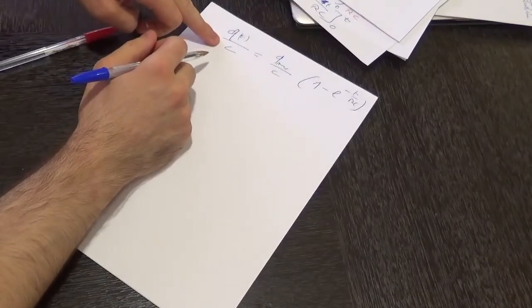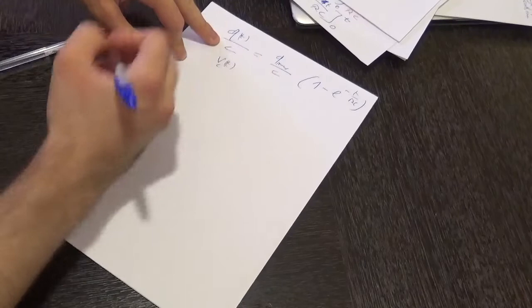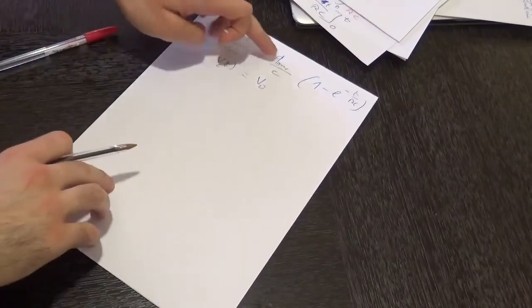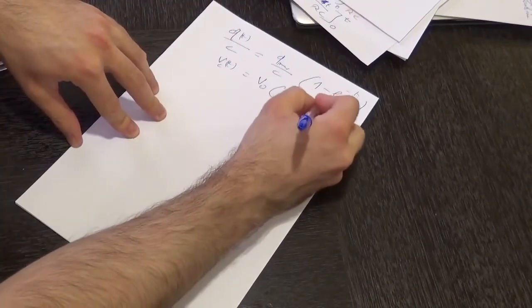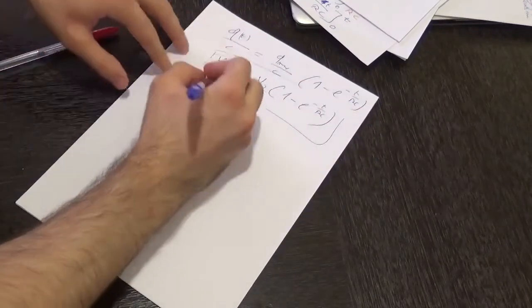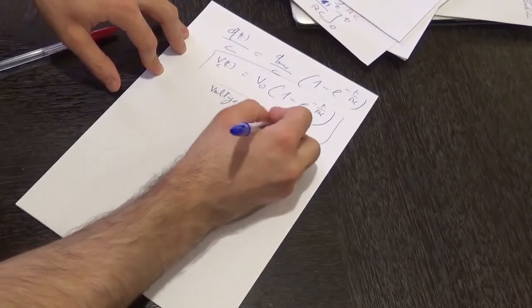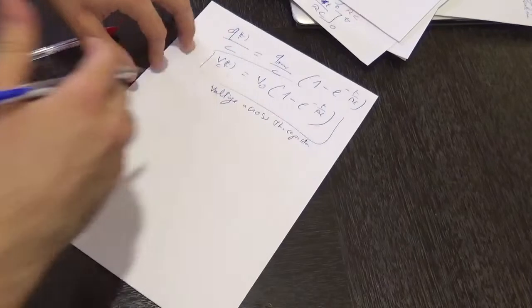So that first ratio would yield V of t, Vc of t equal to V0, since Q max over C is none other than V0, into 1 minus exponential minus t over RC. And that would be the equation for the voltage across the capacitor in the case of a charging process.